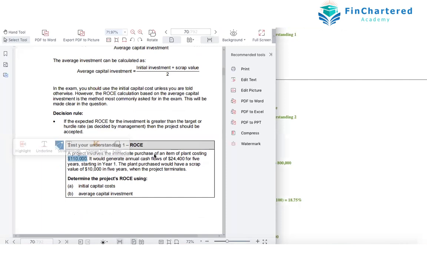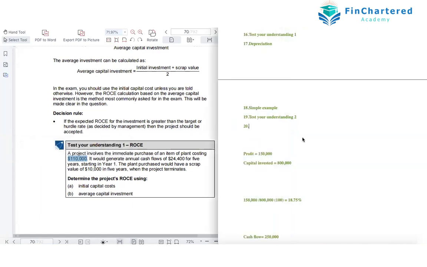But the second way of doing it is instead of taking the initial investment, you are taking the average value of the capital that was invested. What do I mean by that? Initial capital, 110,000. At the end of the life of the asset, there is still scrap value of 10,000.